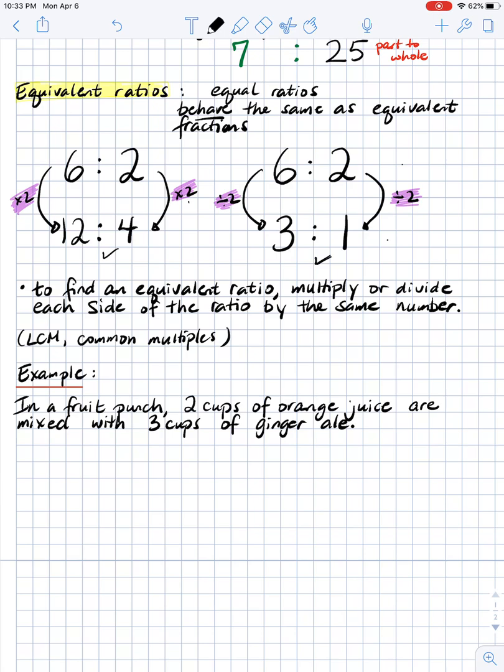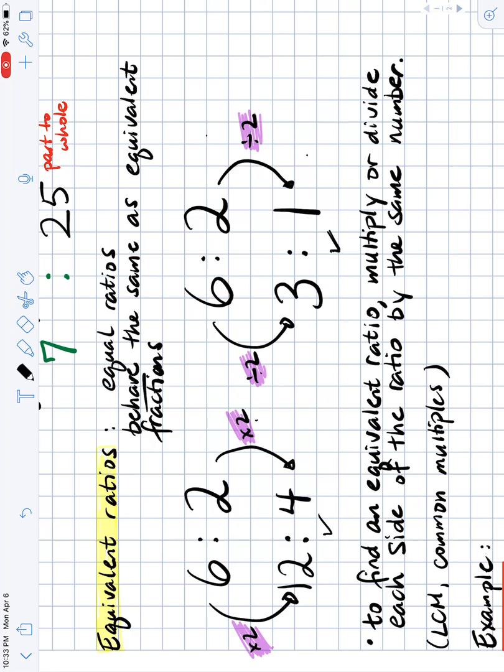Okay, so question A asks, how much ginger ale is needed for 10 cups of orange juice.